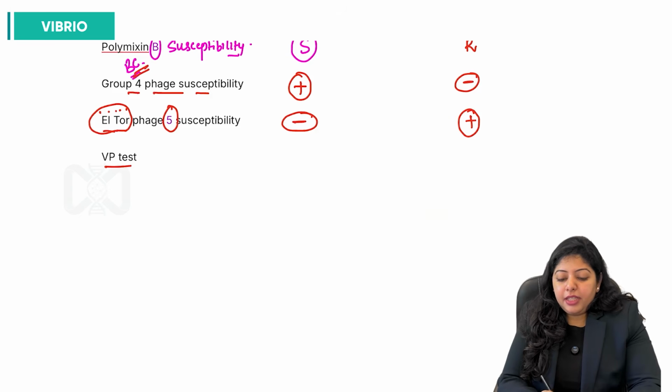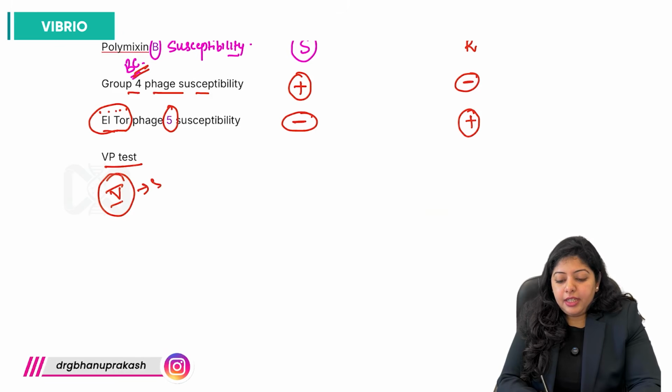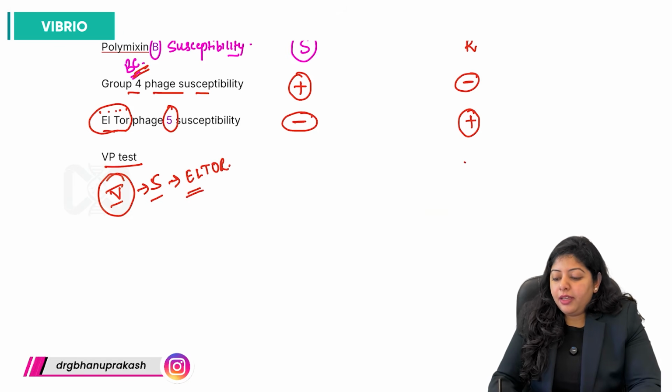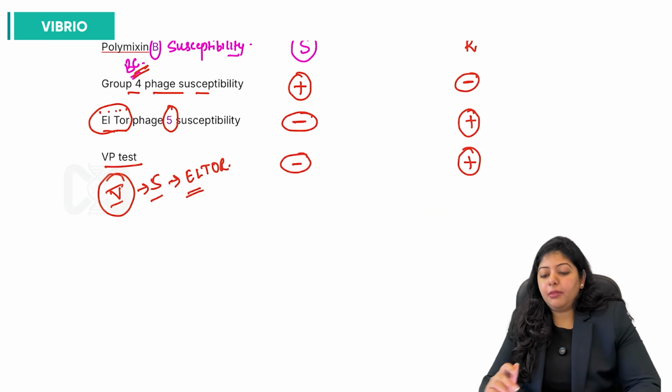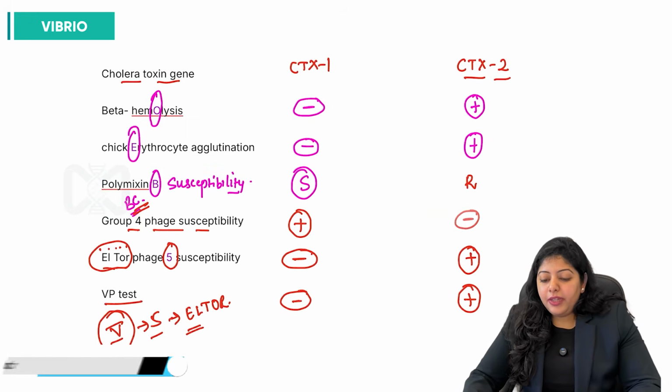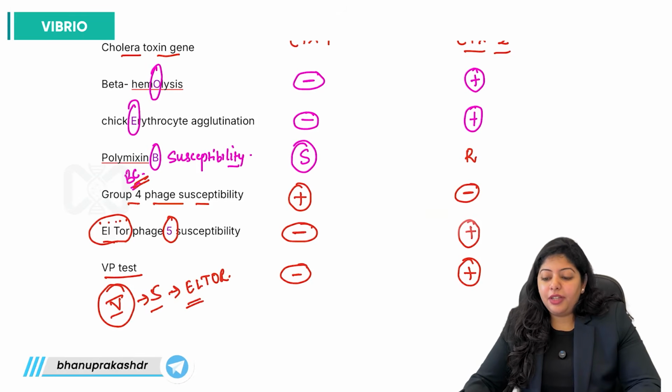And then the VP test, V corresponds with Roman 5, right? EV has 5 letters. So it would be given positive by EV biotype and negative for classical biotype. So this gives a very clear picture and clear differences for you to remember for your exams, right?